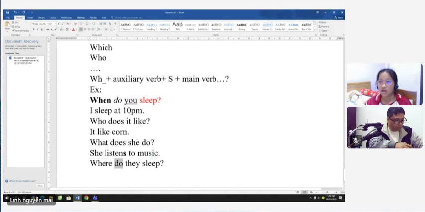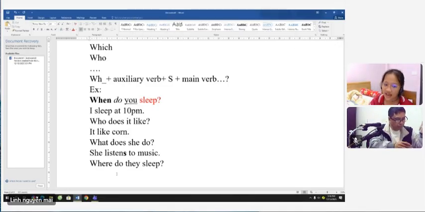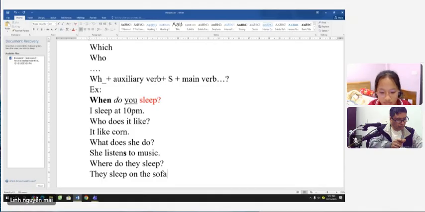This is the auxiliary verb, and this is the subject, and that is the main verb. So it asks where the place is that they sleep. Okay? That is they sleep on the sofa. Okay? This is really easy, right?